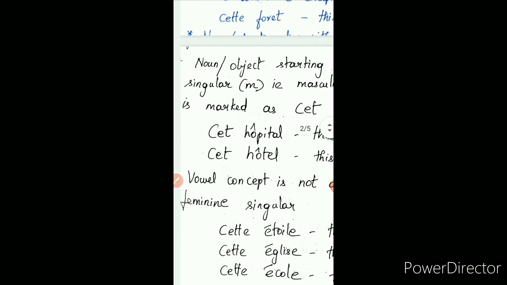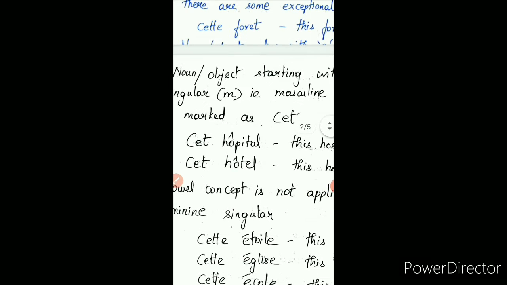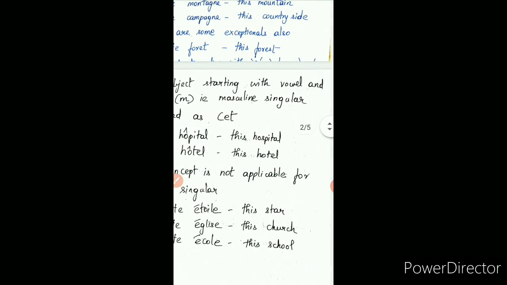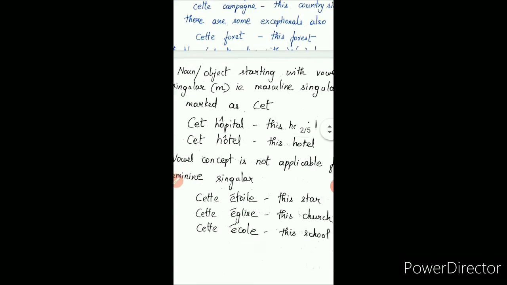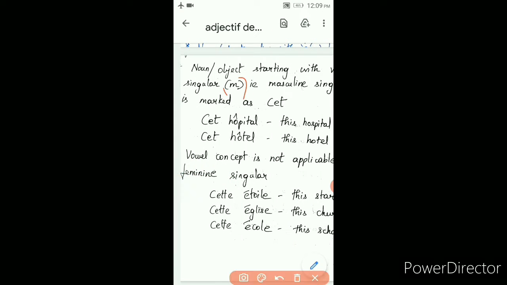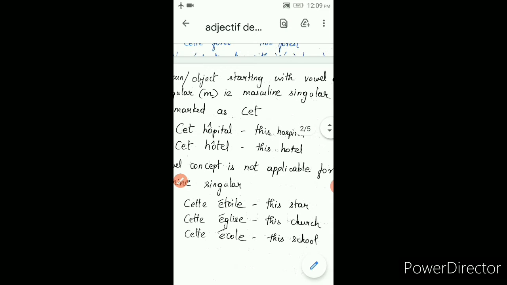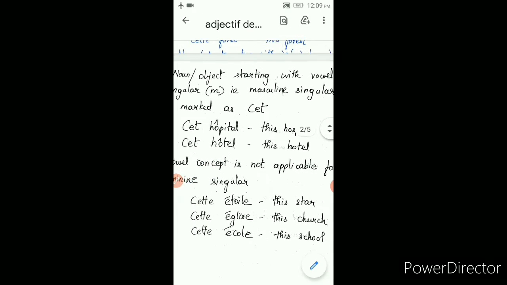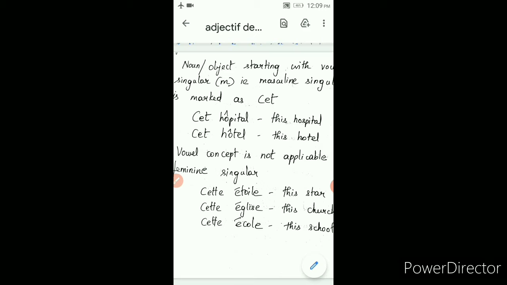Then second one, noun or object starting with vowel and masculine singular. Singular, and in bracket I have written masculine. Listen carefully. Noun or word or object should start with vowel, but it should be singular, and also it should be masculine.